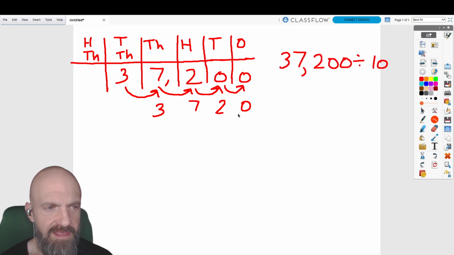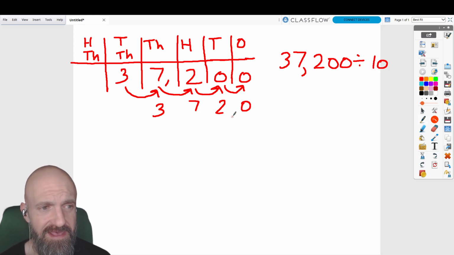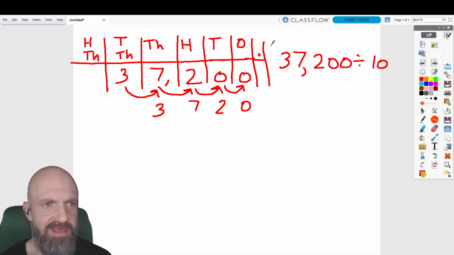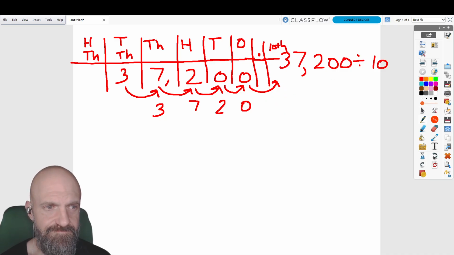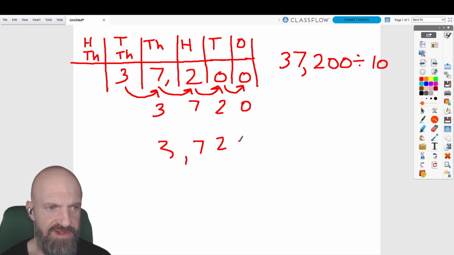There. Now, that other 0, it really doesn't matter. I could shift it, which would take us to the tens place, but if it's 0, it's still going to be 0, so it doesn't really matter. So there's our answer, 3,720.